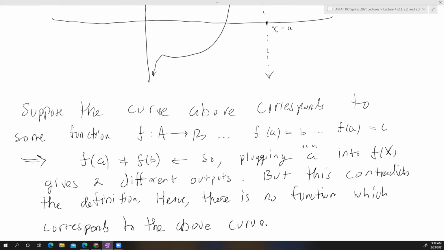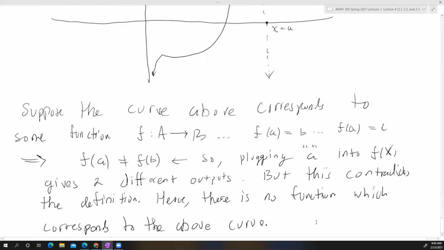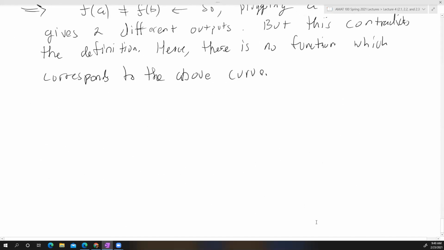So let's look at another example of this. Let's look at example 9 in the book.